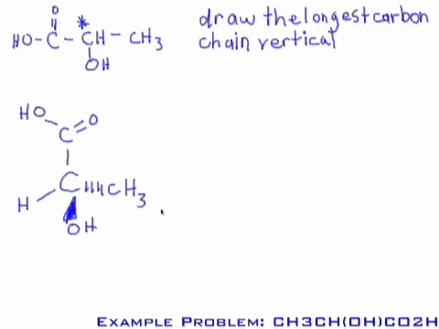Now the longest carbon chain, obviously, is the CH3, C double bond O, OH. So if I was drawing a Fischer, and I put the longest carbon chain vertical, I would be placing the CH3, C double bond O, OH vertical. The question is which one's at the top.